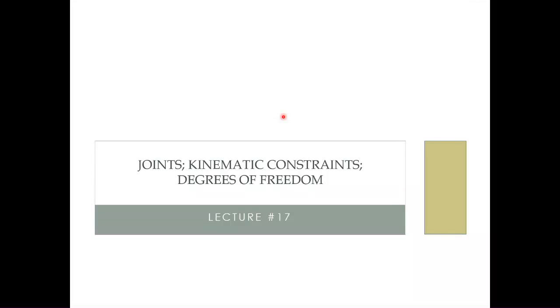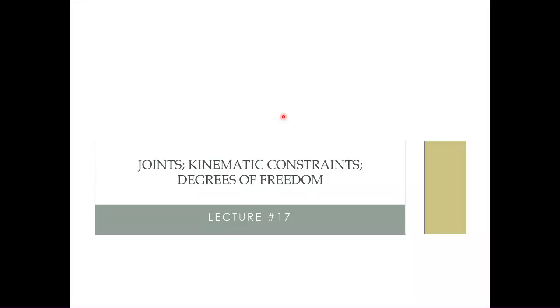And for the same number of degrees of freedom, we'll need to produce the same number of equations of motion. So if you're asked to find the equations of motion for some system, first think how many degrees of freedom this system has, and then you know at least how many equations of motion you're after.